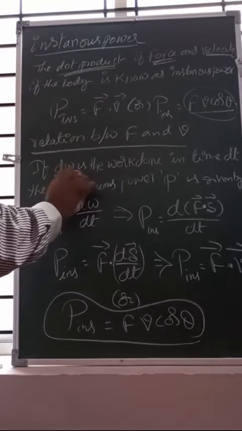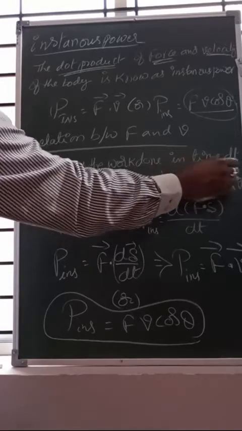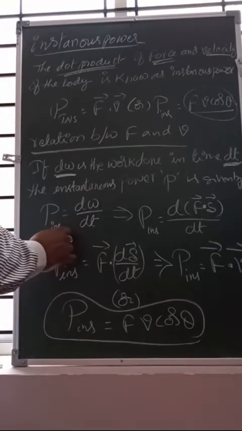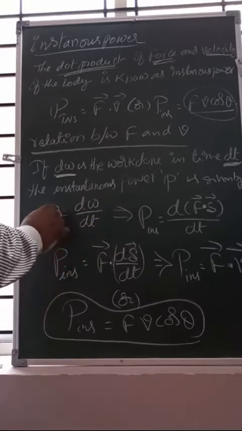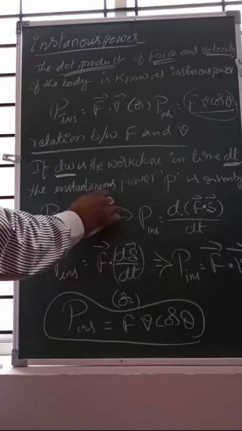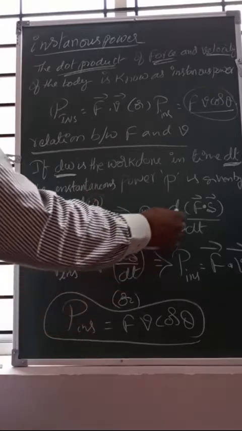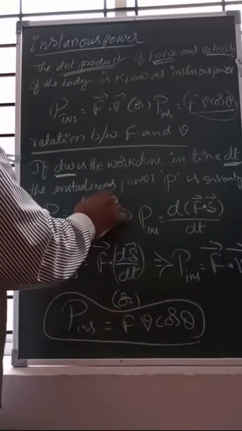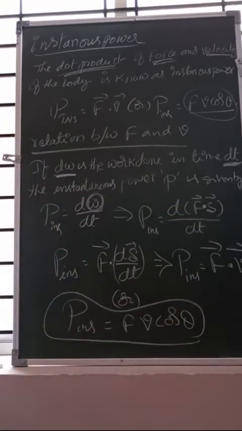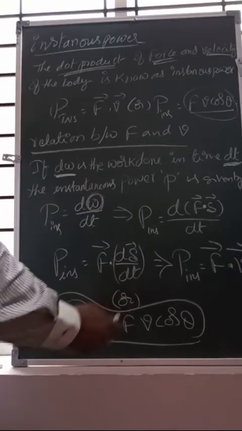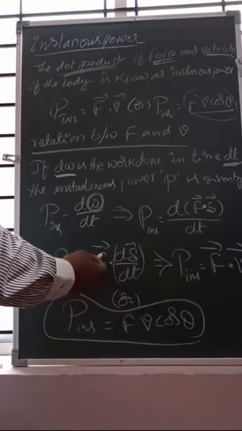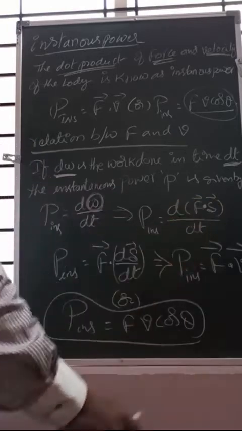If dW is the work done in a time dt, then instantaneous power P equals dW by dt. W is nothing but work done, already we know that it is F bar dot S bar. So instead of work, I write F bar dot S bar. This F bar, a constant force, will come outside. Clear? So the remaining is ds by dt.